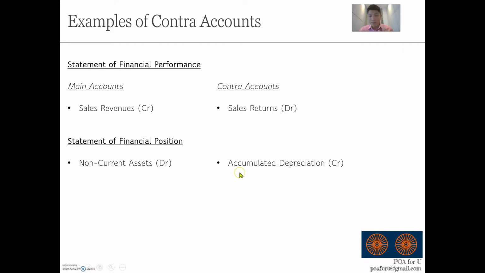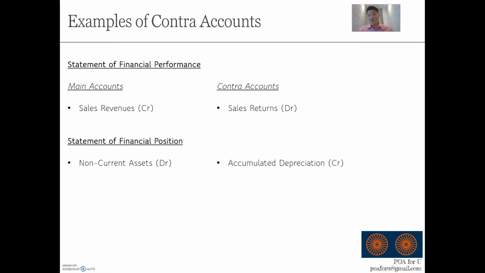And accumulated depreciation just represents that bit of the motor vehicles that's charged to the statement of financial performance in the form of depreciation expense. And accumulated depreciation is actually, like the name suggests, whatever has been charged from the year that you bought the asset till today.